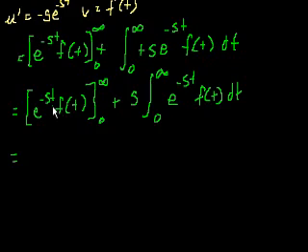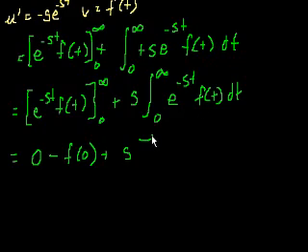So if this grows slower than this shrinks, then this whole expression will approach 0. And then you want to subtract this whole expression evaluated at 0. So e to the 0 is 1 times f of 0, so that's just f of 0. Plus s times, we said this is the Laplace transform of f of t. That's our definition. So the Laplace transform of f of t.